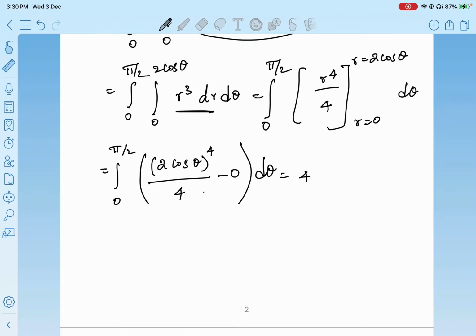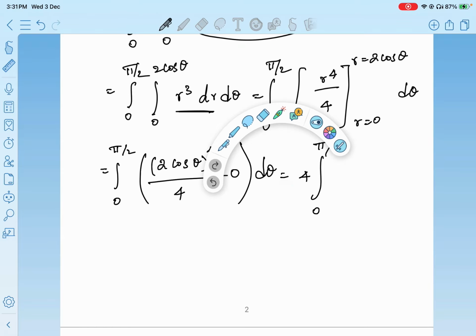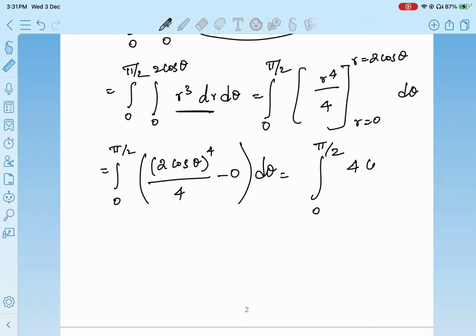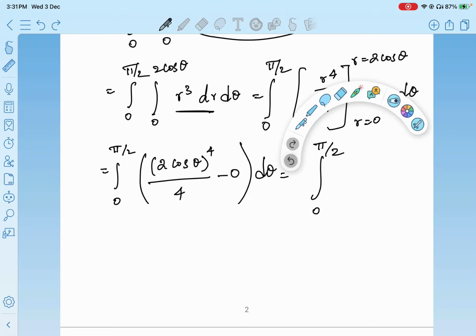Integral 0 to pi by 2. How is this 2 cos theta the whole power 4?